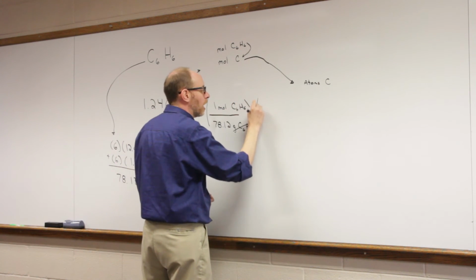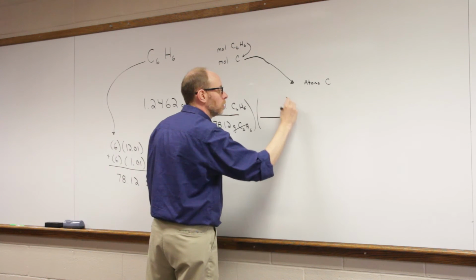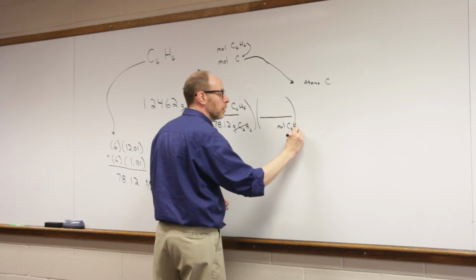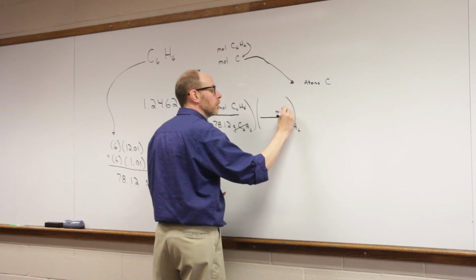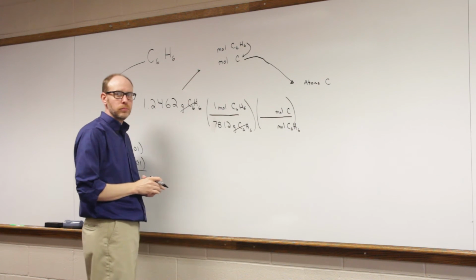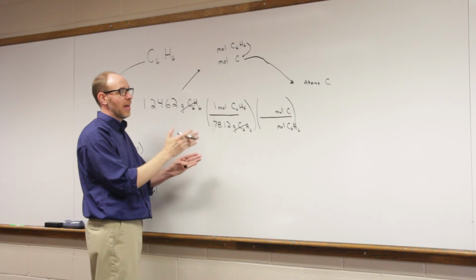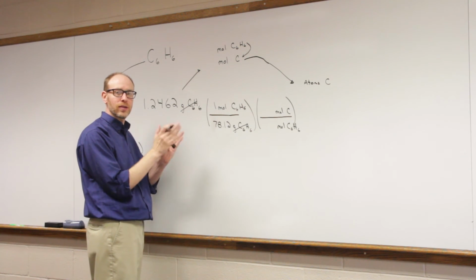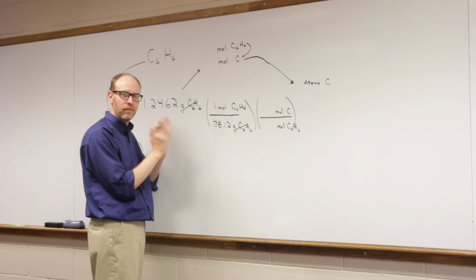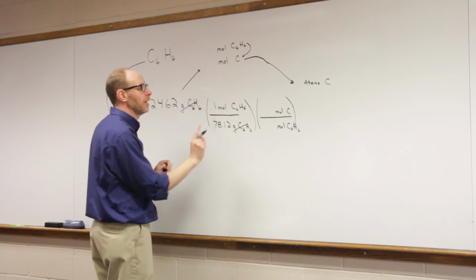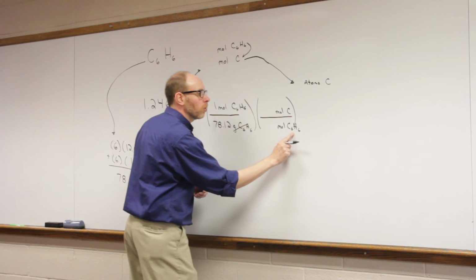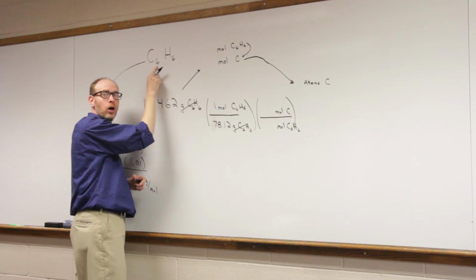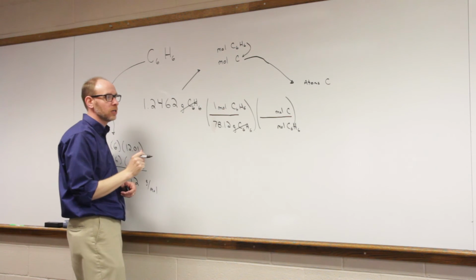So now I need a conversion factor between moles of benzene and moles of carbon. That is very straightforward, although this is again one of those things that students tend to have a hard time getting their heads wrapped around: in 1 mole of benzene, C6H6, there are 6 moles of carbon atoms and 6 moles of hydrogen atoms.